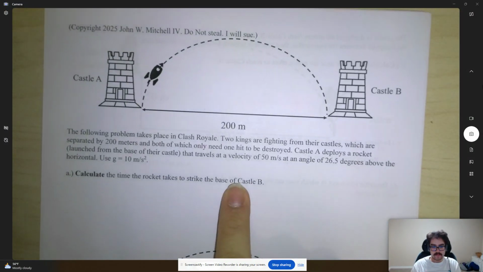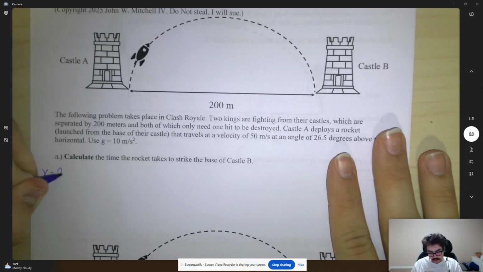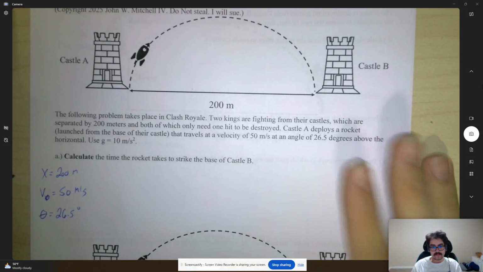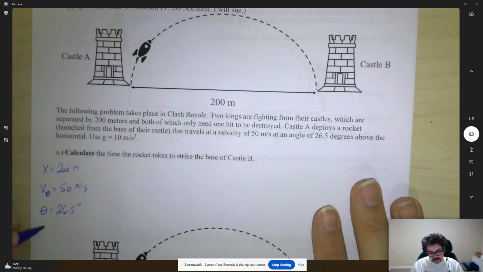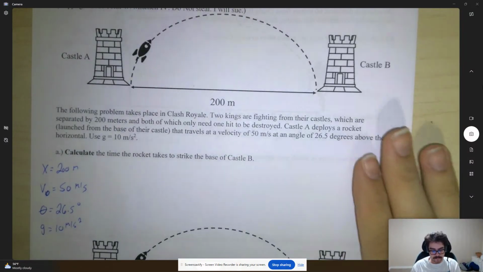So really quickly, if I know that the distance that I'm traversing is 200 meters, I know that my v naught is going to be 50 meters per second. I know that my theta is 26.5 degrees. And then I know that g is equal to 10 meters per second squared, but I don't think I'm going to use that for this part. I'm just going to use the x component here. I think I can just do that, right?